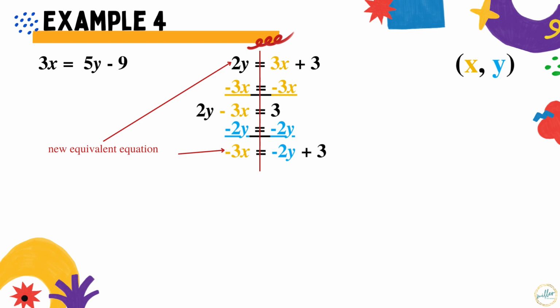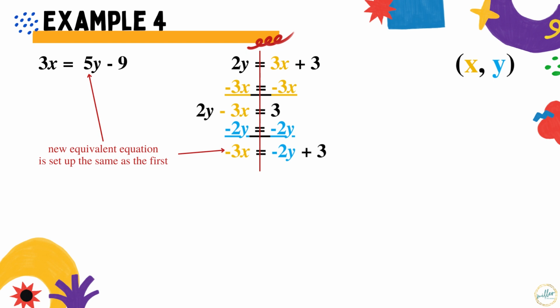Now this equation is exactly the same. It's equivalent to that original second equation, 2y equals 3x plus 3. Once we move things around, as long as we did our math correctly, those are equivalent equations. And that new equivalent equation is set up the same as the first equation.